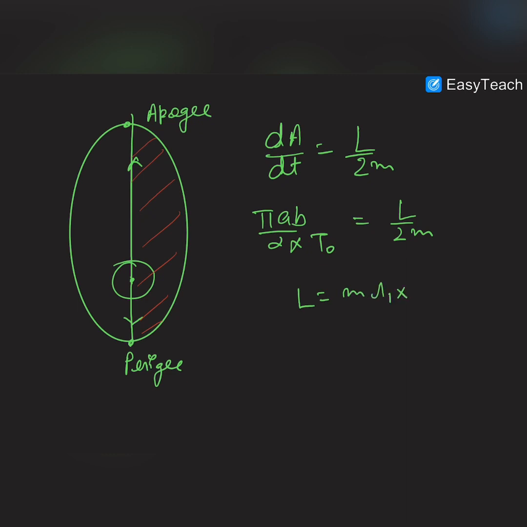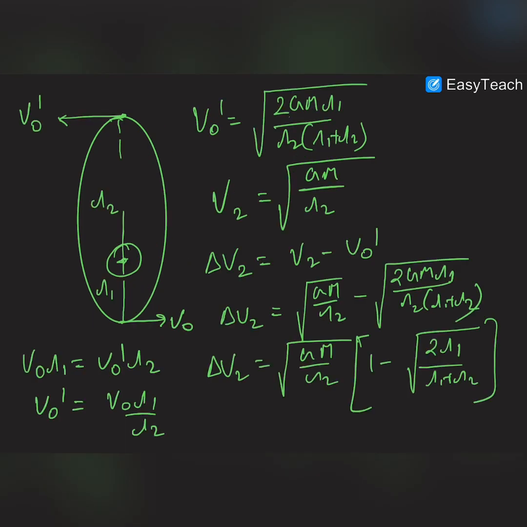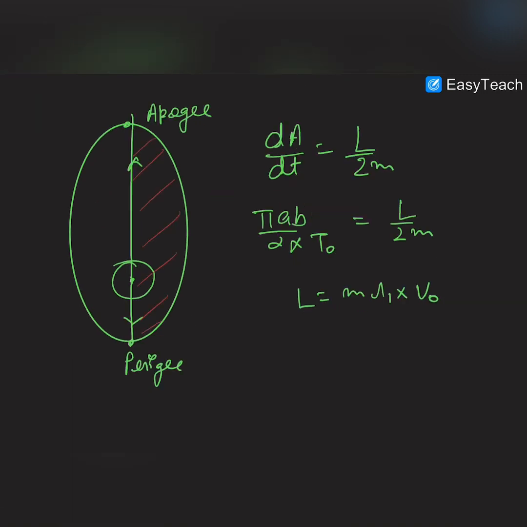r1 into v naught, which we have already calculated that at this point the distance of satellite from the center of the planet is r1, the mass of the satellite is m, and its speed is v naught. So the angular momentum is m r1 v naught.